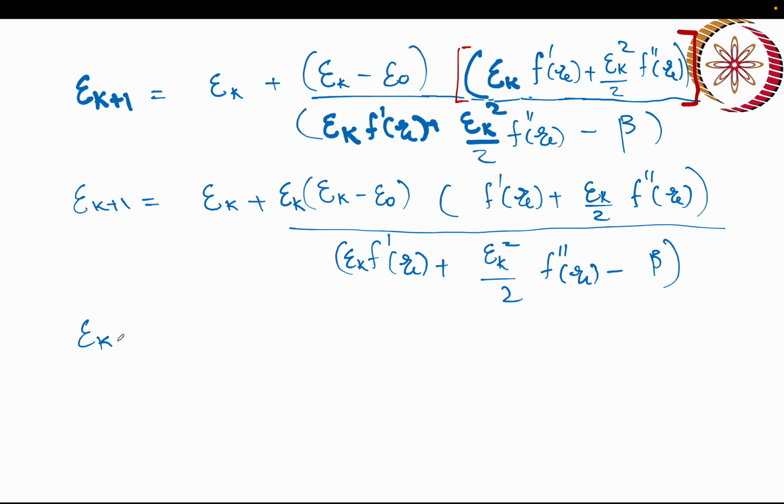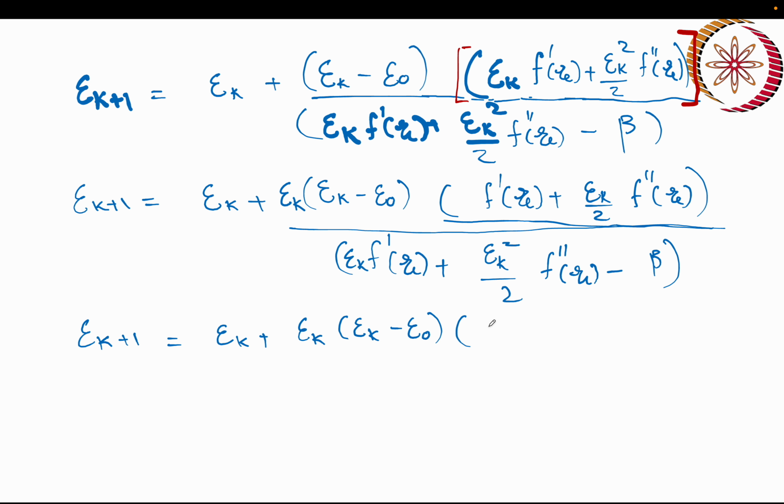Okay, so epsilon k plus 1 is equal to epsilon k plus epsilon k minus epsilon naught. So in this term we can just treat the others as constant.